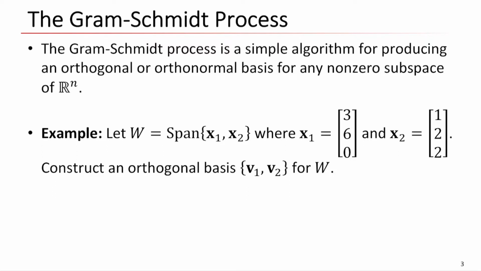The Gram-Schmidt process is a simple algorithm for producing an orthogonal or orthonormal basis for any non-zero subspace.